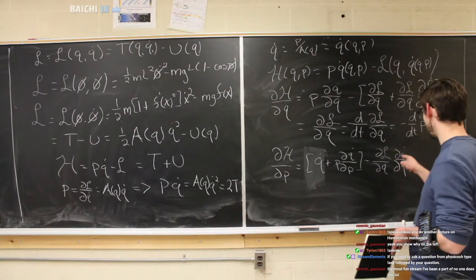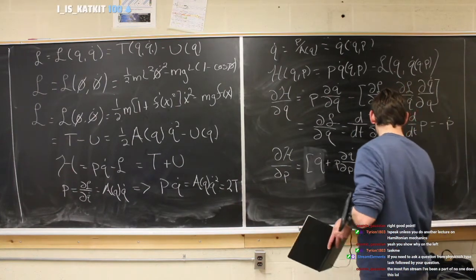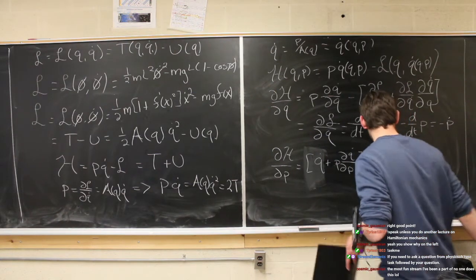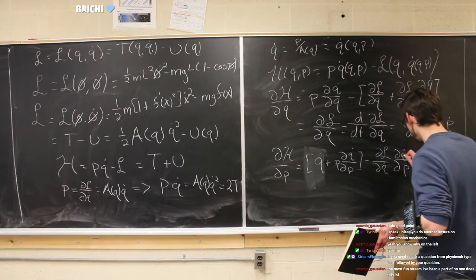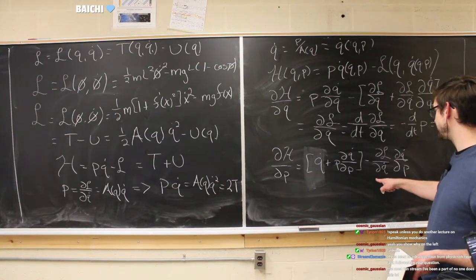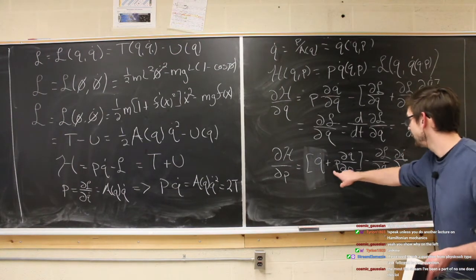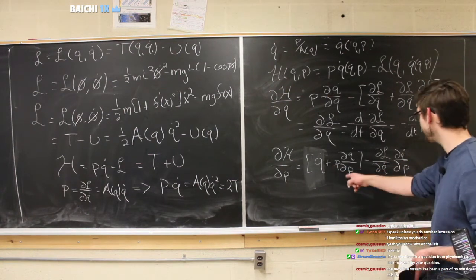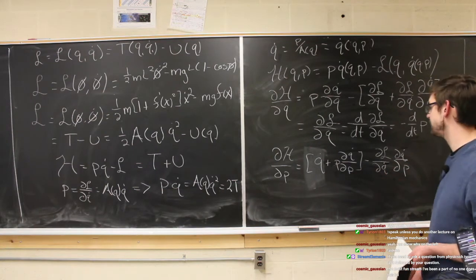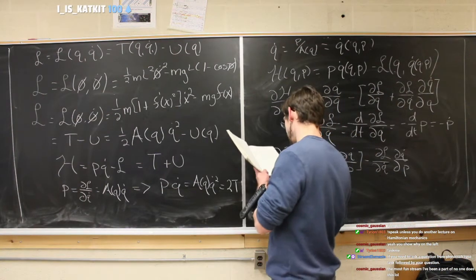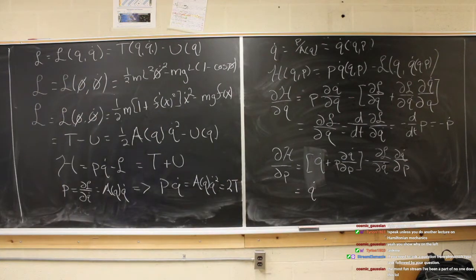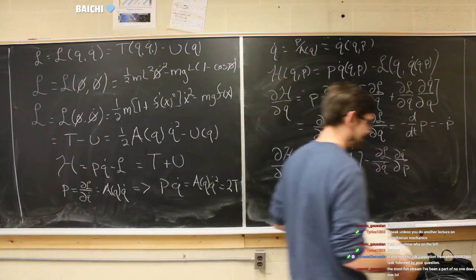Again, that physicist shortcut has entered the match. And this is nice again because here we go again with our generalized momentum. We have this term and this term turn out to be the same thing. And this, in fact, just turns out to be q dot. Nice. Everything cancels away so nicely. It's almost like it was meant to be, right?